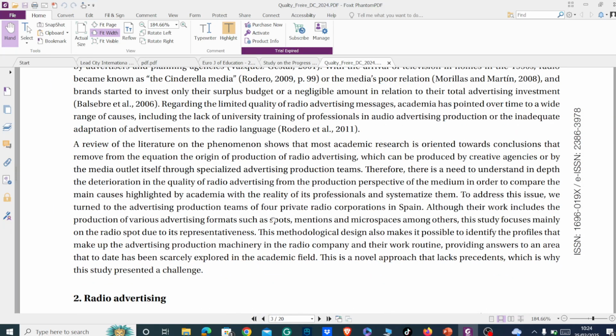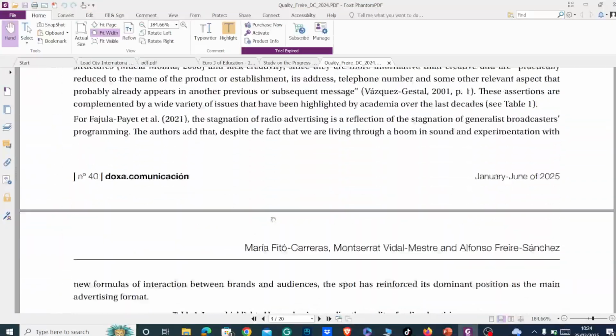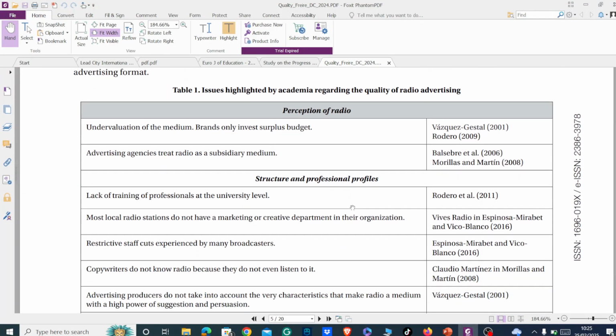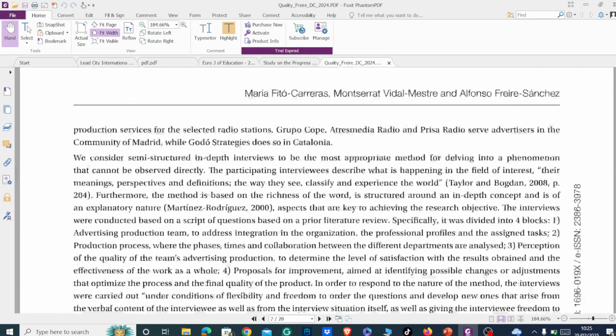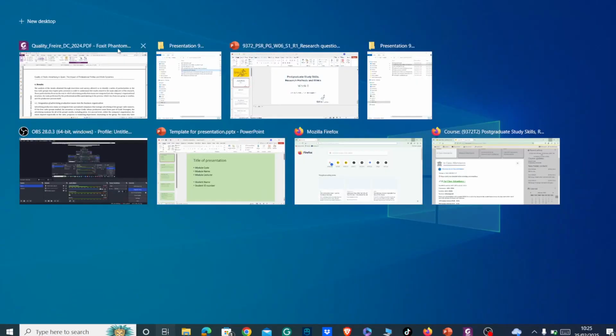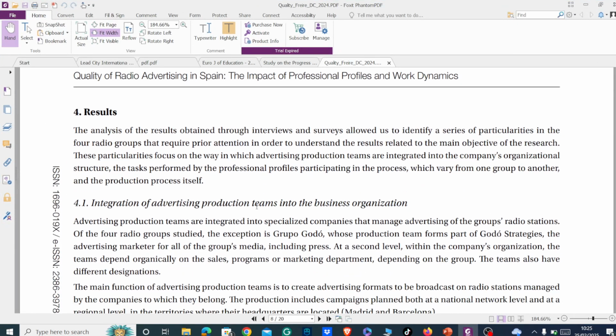Alright, so today we are going to be looking at research questions. What is a good research question? I've just picked up my new supervisee.